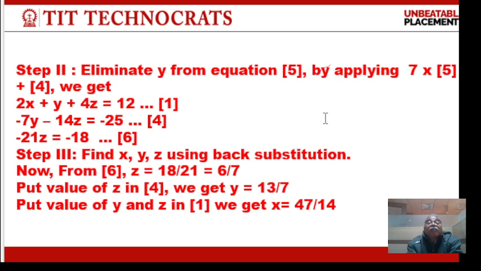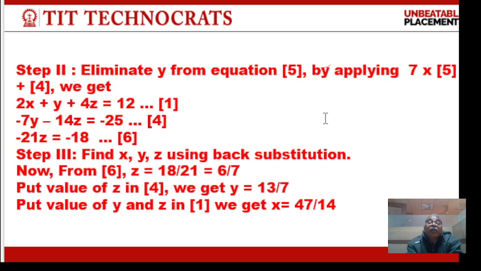So 2x plus y plus 4z equal to 12, minus 7y minus 14z equal to minus 25, minus 21z equal to minus 18.